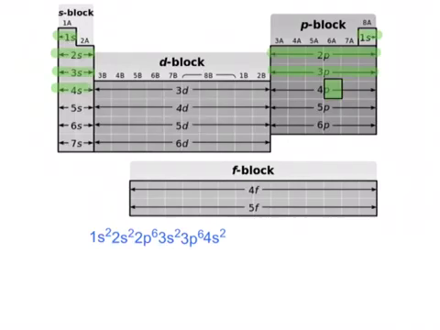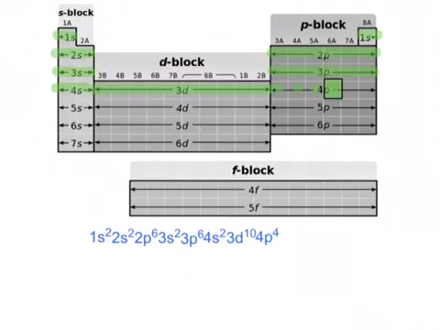And then we go over all of the 3d, so that's 3d10, and if you can't remember how many are in there, you can just count the blocks. And then we get to 4p, and selenium doesn't make it all the way to the end of 4p, but we have 1, 2, 3, 4, and that would be our superscript for 4p.